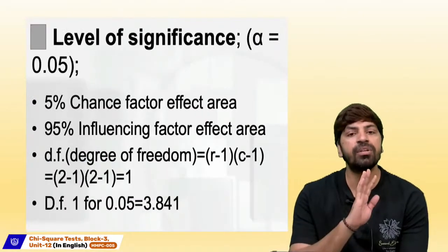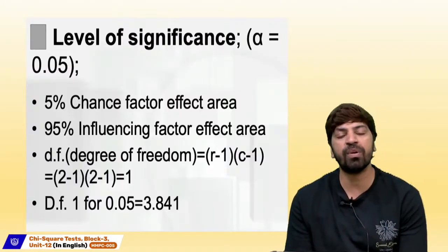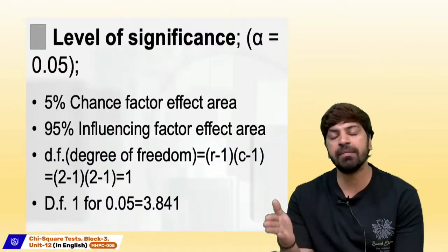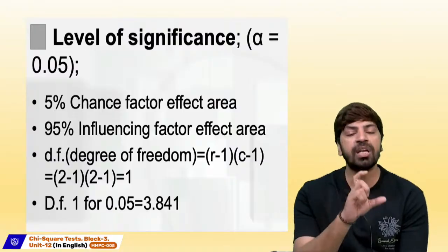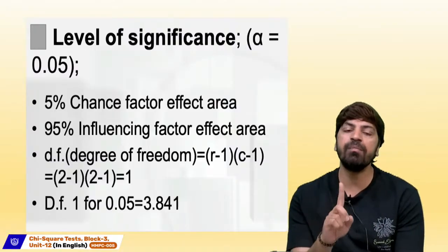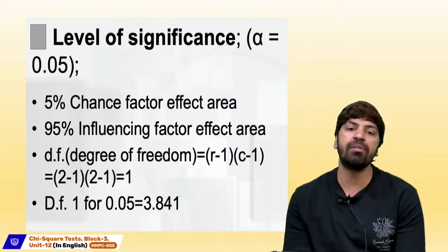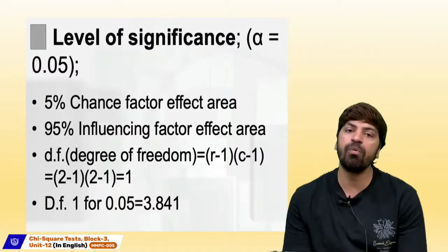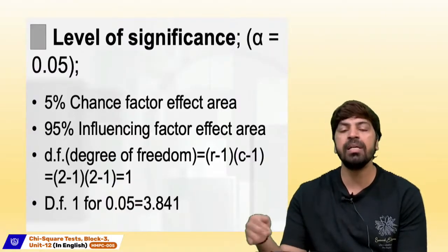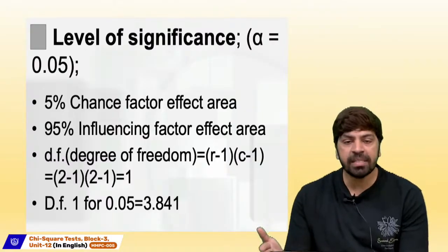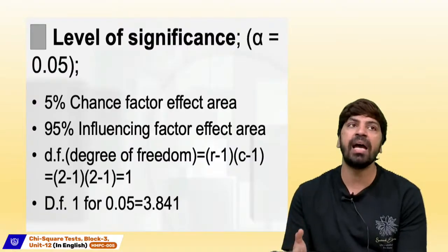So there is no significant or statistical relation between the type of operator and defectiveness, as shown in the result: the chi-square calculated value 1.41 is less than the chi-square tabulated value, that is 3.841. That means the null hypothesis is accepted. There is no statistical difference between the type of operator and defectiveness.